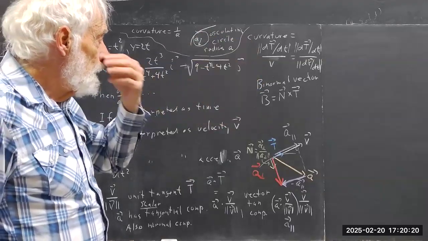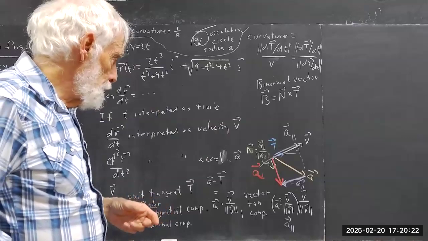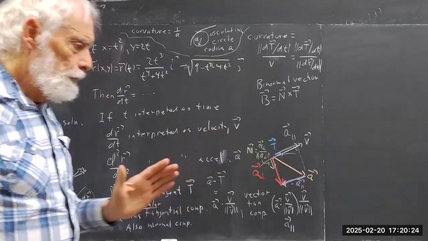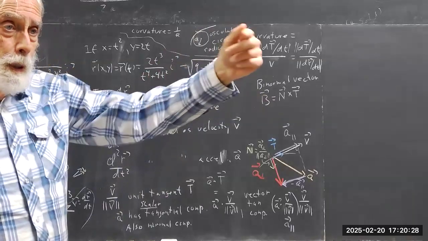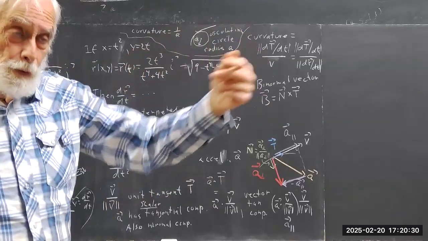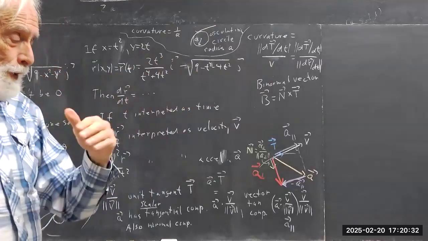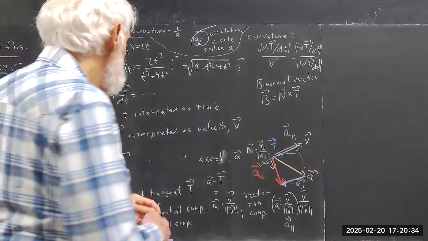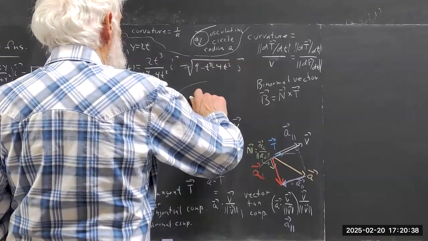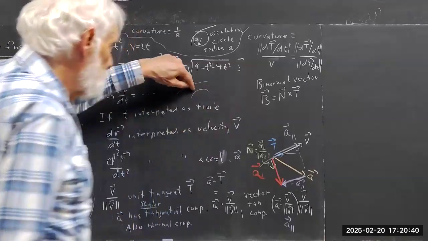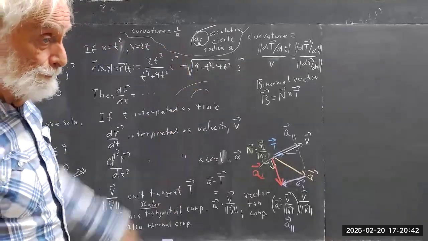Curvature is another thing. If we're going to round a curve, the curvature is just a property of the shape of the curve. This curve has more curvature than this one.